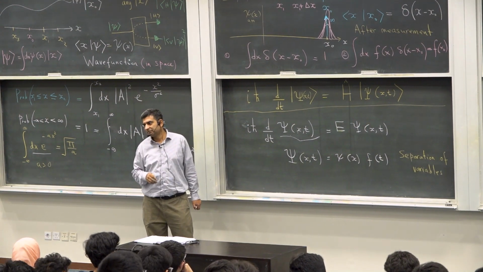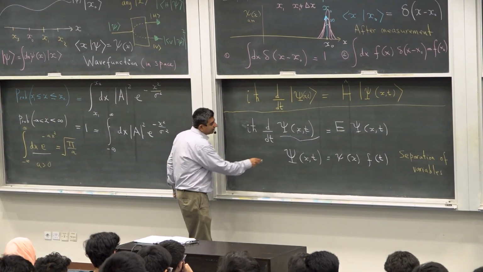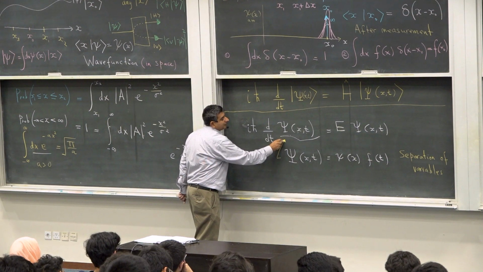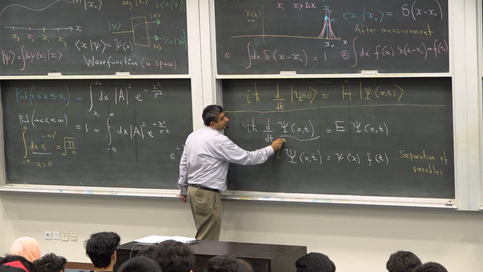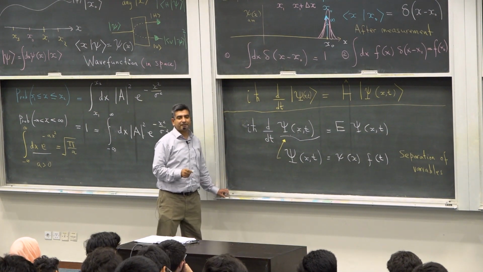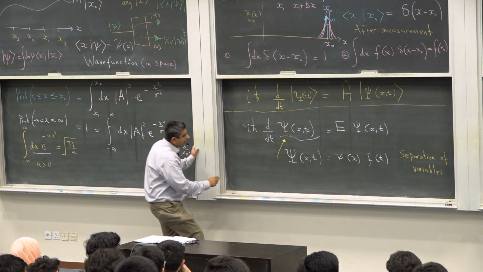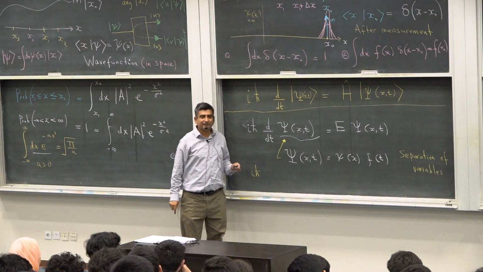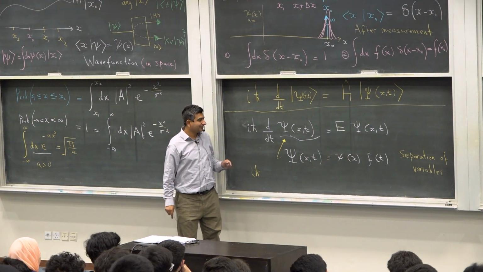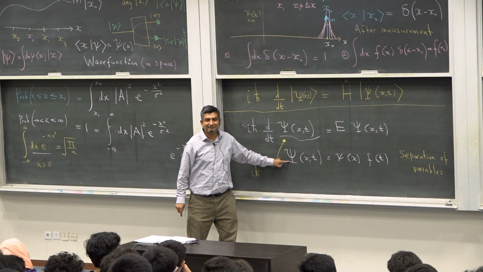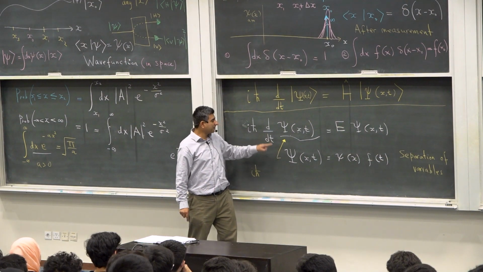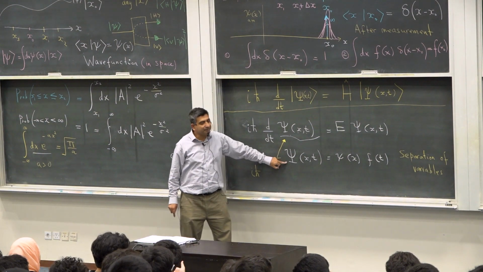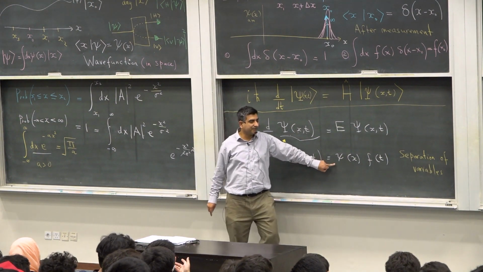Now if I insert this into the Schrodinger equation, let's insert it back. So I would get i h bar d by dt of this thing. Now this has to be a partial derivative. When I take the time derivative of this, I'm really taking the time derivative of this product.